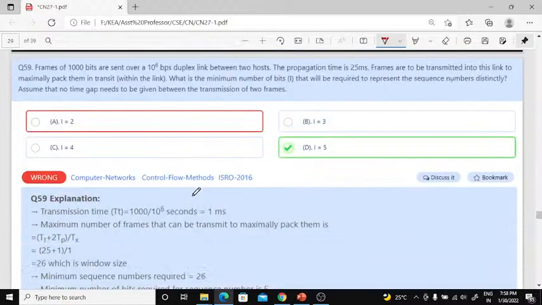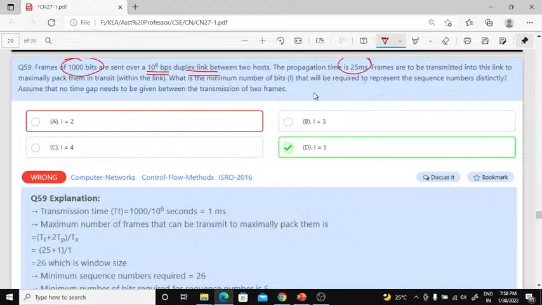Next question: frames of 1000 bits are sent over a 10 raised to 6 bits per second duplex link between two hosts. The propagation time is 25 milliseconds.